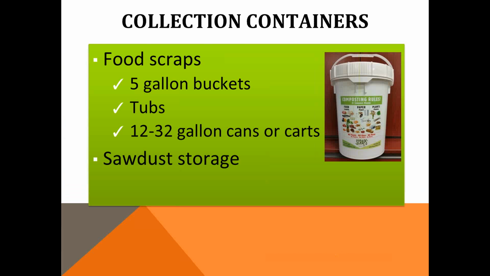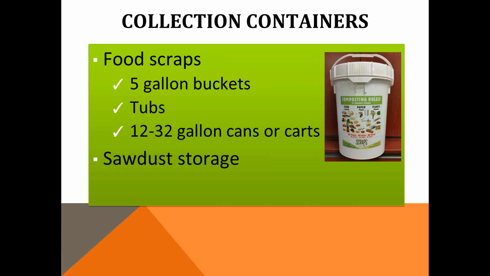So for collection containers, and this is how you can gather your materials on site and how you'll collect your food scraps when people bring them in. I recommend a 5-gallon bucket or a tub or a 12 to maybe 32-gallon can or cart. Some people are using metal garbage cans. And then you always want some sawdust on hand as well.